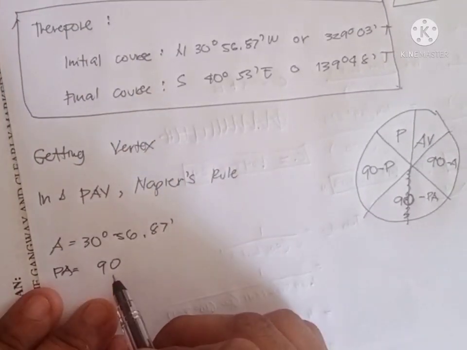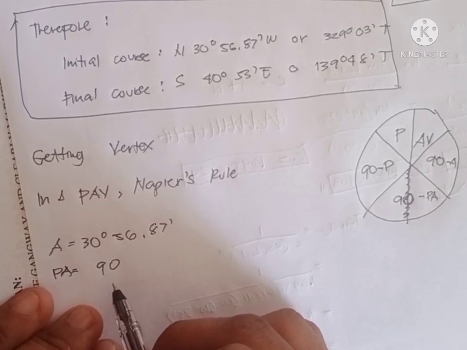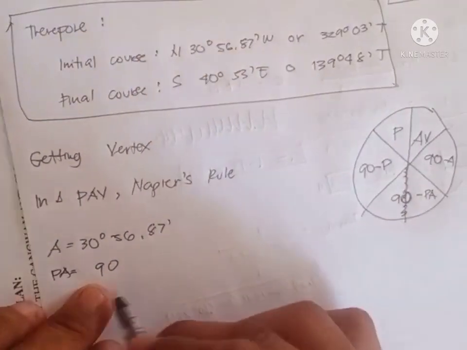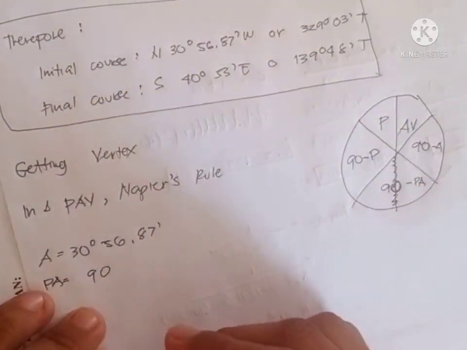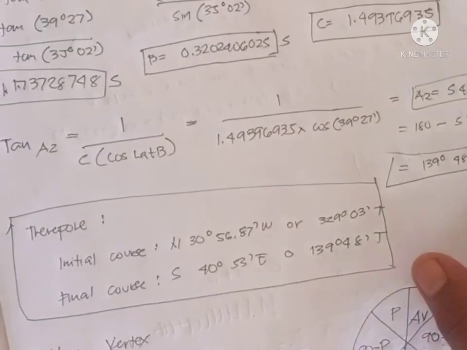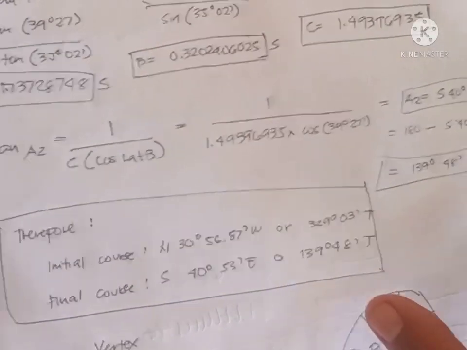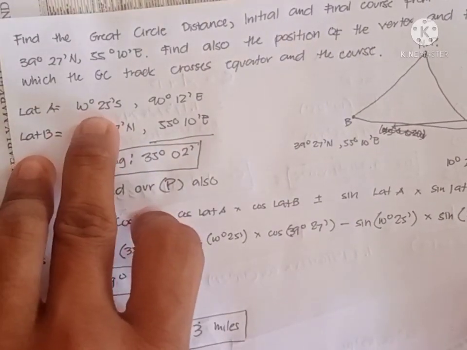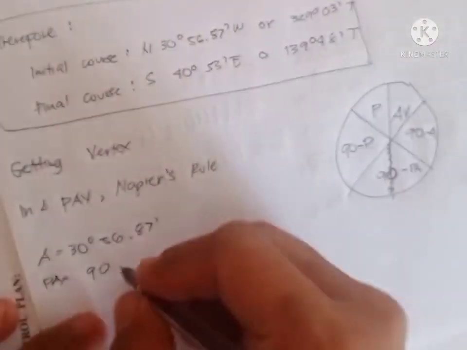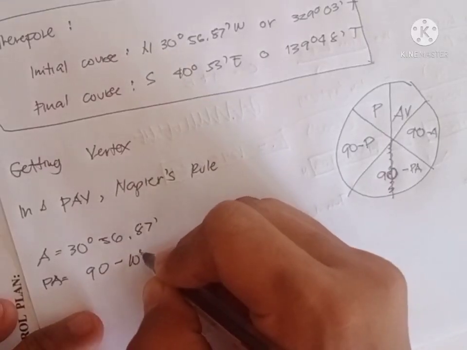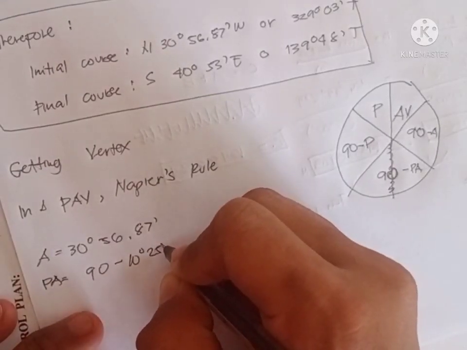In order to get the PA, we need to solve this because our PA is 90 minus the lat A. So our lat A in the given, we will subtract it from 10 degrees 25 minutes. So 90 minus 10 degrees 25 minutes.